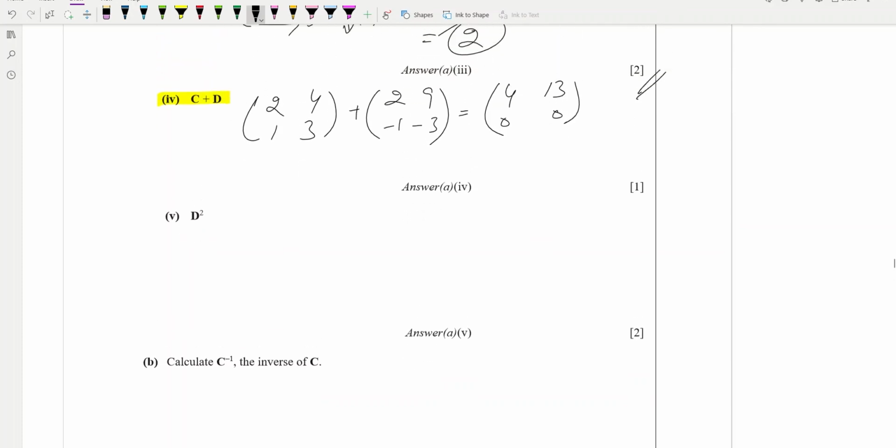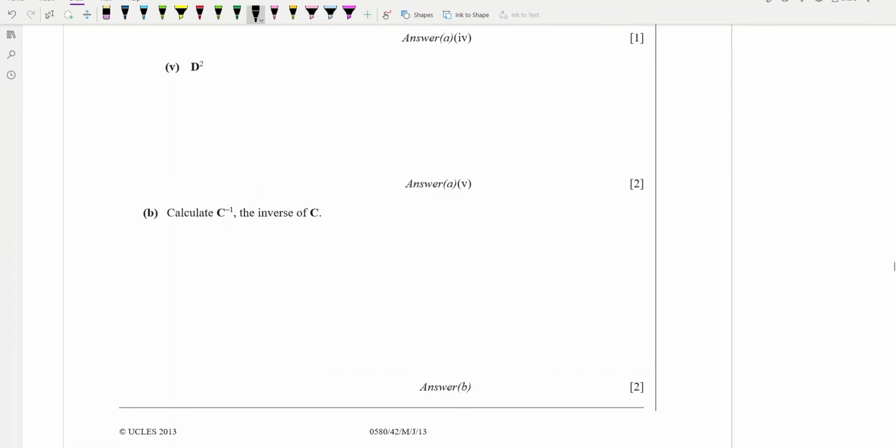Then comes the next part, which is D square. So D square will be D multiplied by D, and what is D? D is given: 2 9 minus 1 minus 3, multiplied by itself, 2 9 minus 1 minus 3.